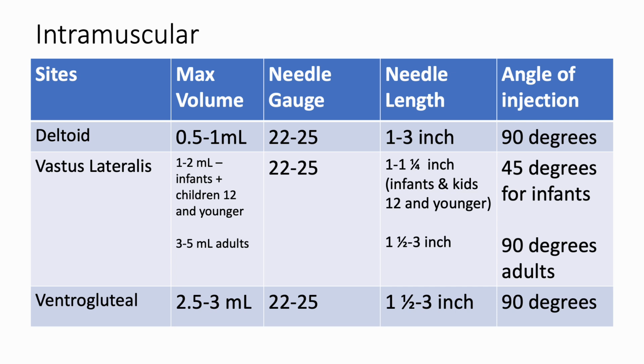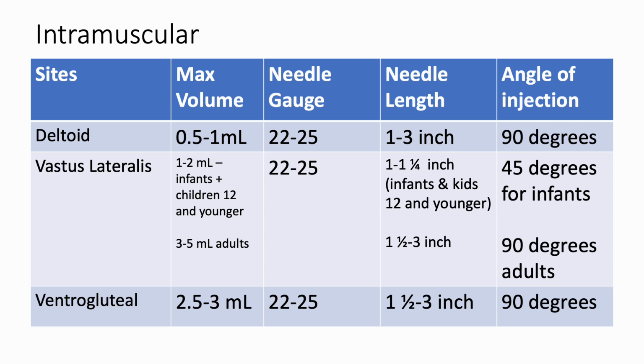Needle gauge is 22 to 25, which is the same for all 3 of these sites. Needle length for this is 1 to 3 inches. For most average sized adults, a 1.5 inch needle is going to work just fine.